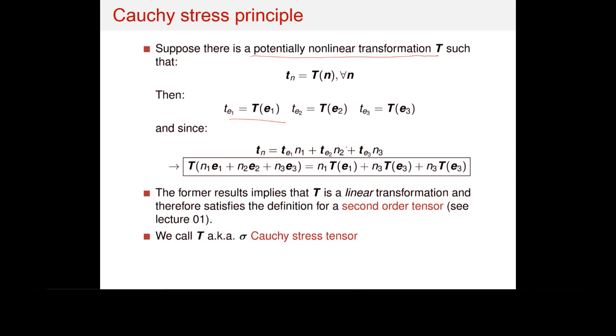In this case, if it is a nonlinear transformation, we are going to try and expand it. So you just multiply it with n. N is going to have components in E1, E2, and E3. You multiply it, and then you get these components of the stress. And you have an expression that is going to link all of them. Then you know that Tn is equal to these values there, and then you can get to this conclusion here.